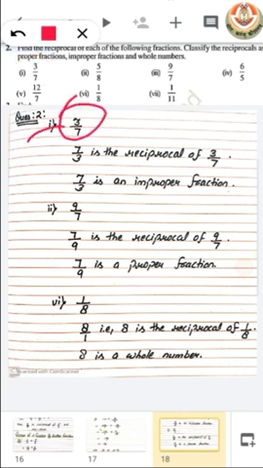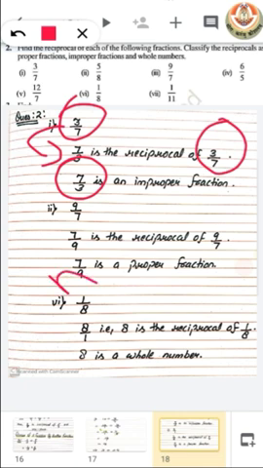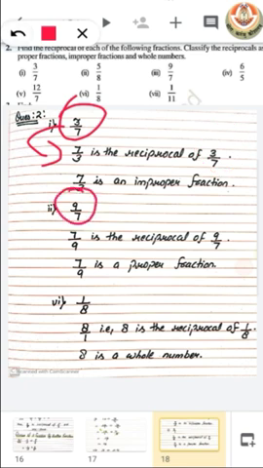So we know that 7 by 3 is the reciprocal of 3 by 7 and 7 by 3 is an improper fraction, as the numerator is greater than the denominator. For 9 by 7, 7 by 9 is the reciprocal of 9 by 7 and 7 by 9 is a proper fraction.